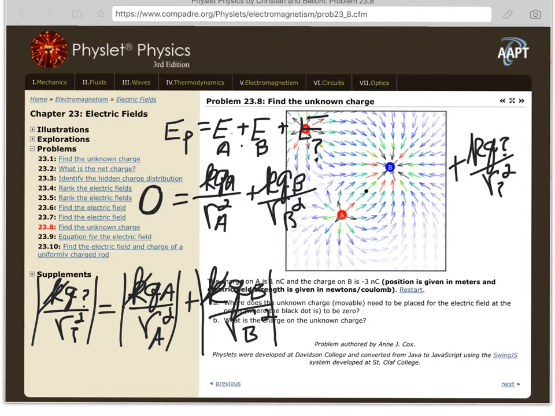Now what are these r's? I hope you know. So the field due to charge A at the center point, that's where we get to 0, is this distance. So you've got to get that distance, right? That's the rA, the distance from the charge to the point. Follow that. And rB, of course, is the distance from charge B to the point.